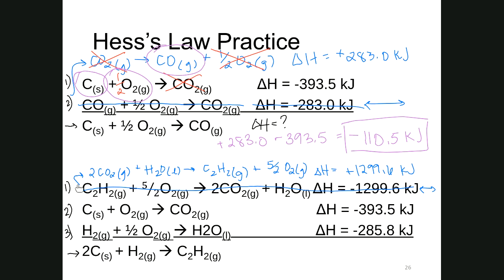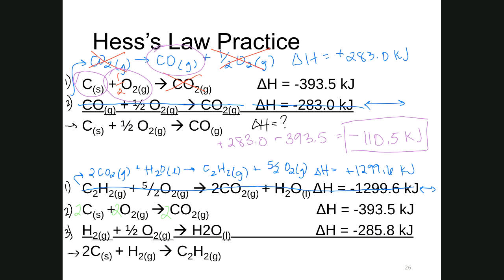So anything that we do to one element or one substance in a reaction, we have to do to everything in that reaction. So this is going to become 2 carbons, 2 oxygens, and 2 carbon dioxides. What happens when we change the amount of moles in a reaction?